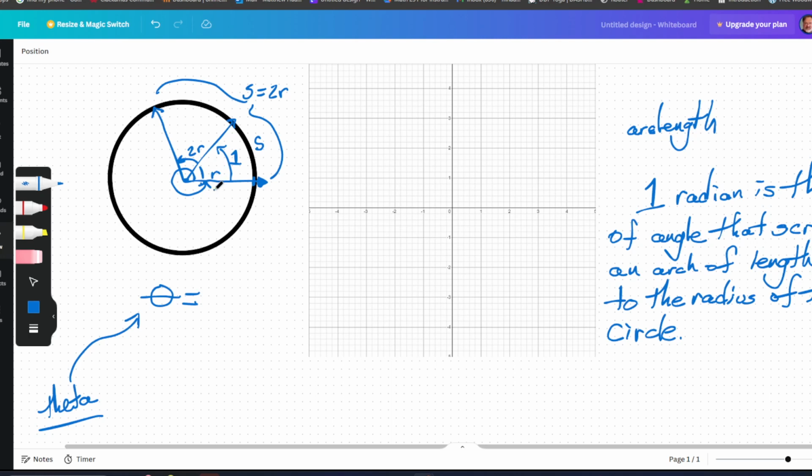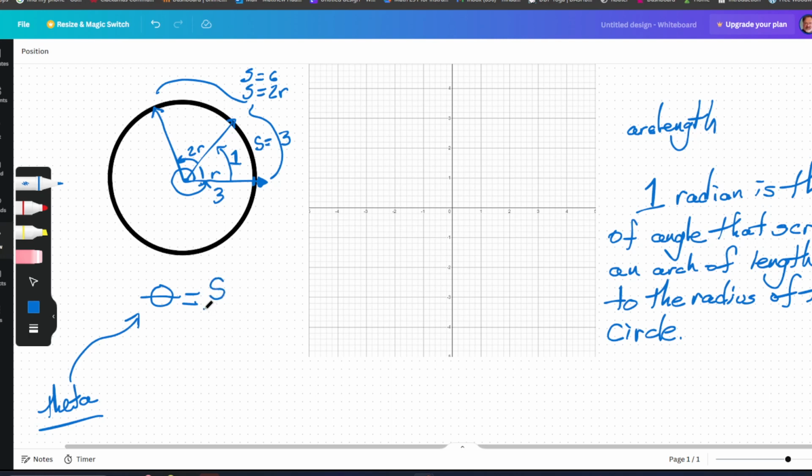So again, when this had a radius of 3, for 1 radian its arc length was 3. For 2 radians its arc length was 6. For 3 radians the arc length was 9. So that multiple of the radius is what defines our radian measure.